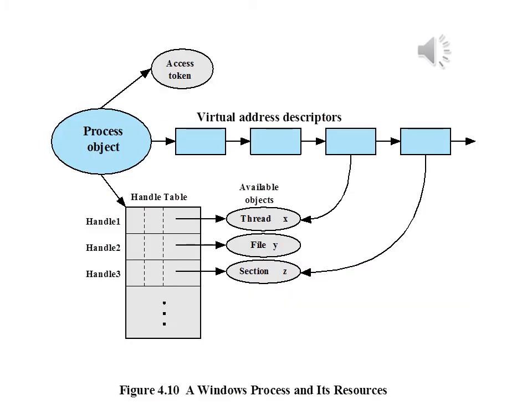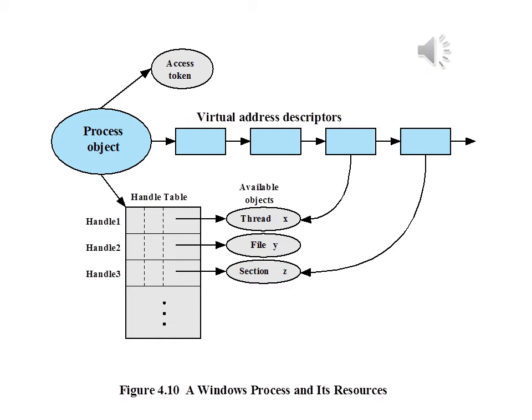The figure on the slide illustrates the way in which a process relates to the resources it controls or uses. Each process is assigned a security access token, called the primary token of the process. When a user first logs on, Windows creates an access token that includes the security ID for the user.